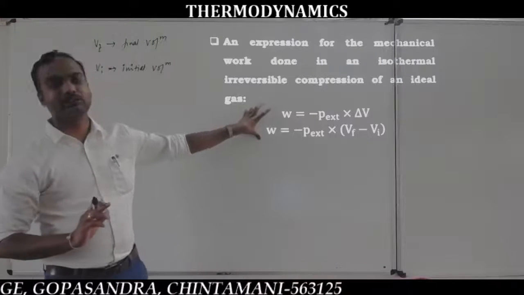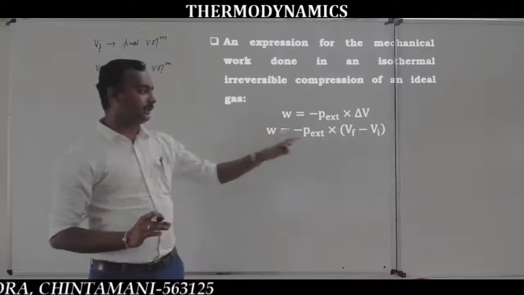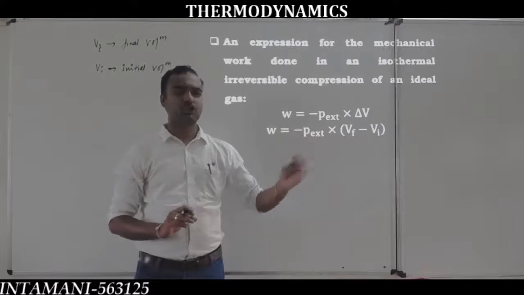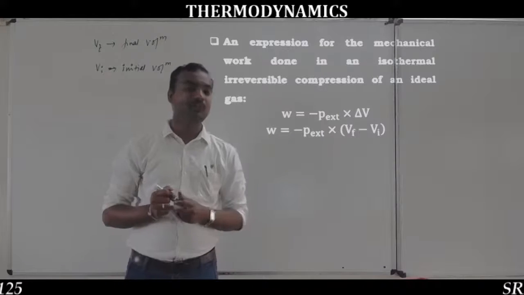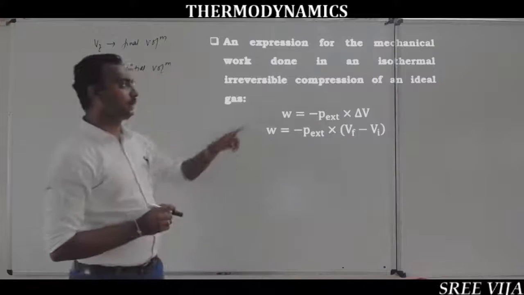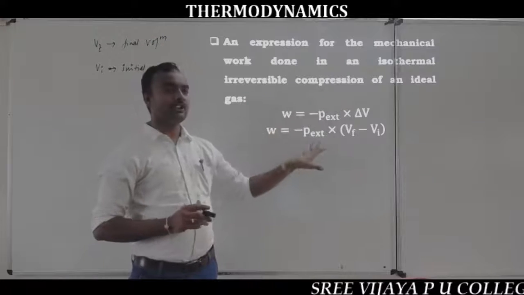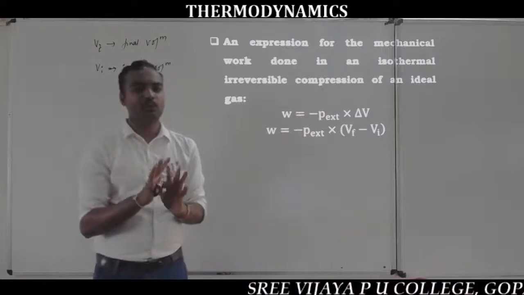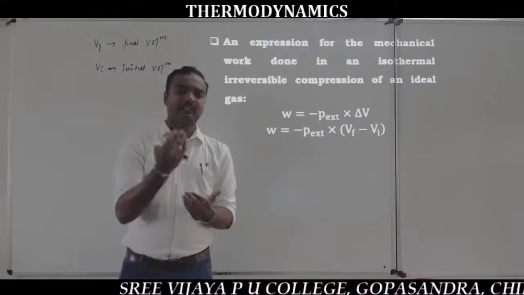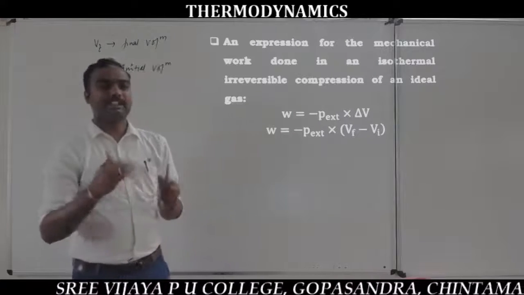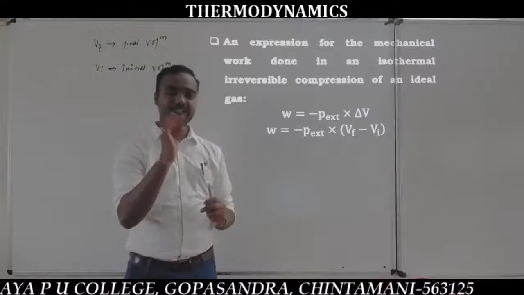This was a last year's NEET problem, very simple. The problem will be given in volume terms: the initial volume, the final volume and the external pressure, and you calculate the work done. So note that this is isothermal irreversible compression for an ideal gas. For expansion, work is done by the system, so the W value is definitely negative.